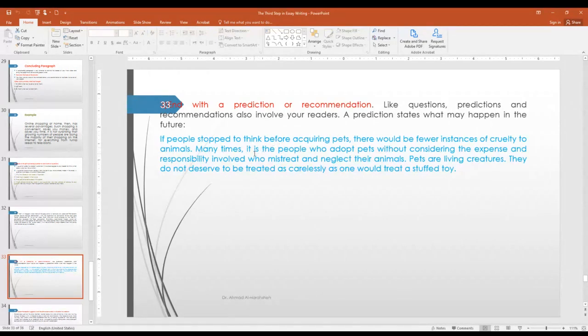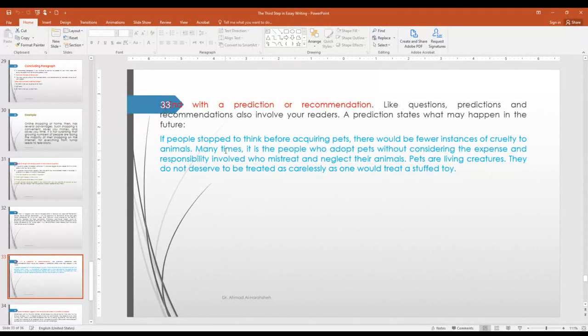Look at this example here. If people stop to think before acquiring pets, there would be fewer instances of cruelty to animals. Many times it is the people who adopt pets without considering the expense and responsibility involved who mistreat and neglect their animals.